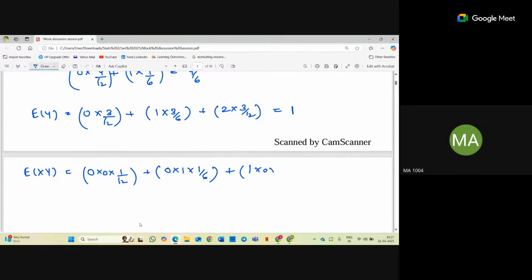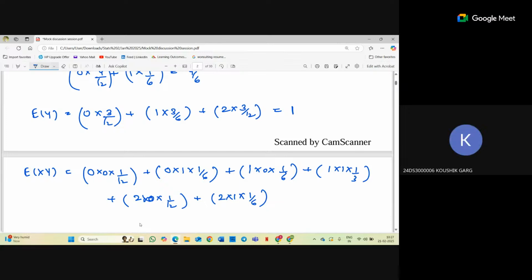Similarly, 1 into 0 into 1 by 6, plus 1 into 1 into 1 by 3, plus 2 into 0 into 1 by 12, plus 2 into 1 into 1 by 6. Is this fine to everyone? Yes, ma'am.